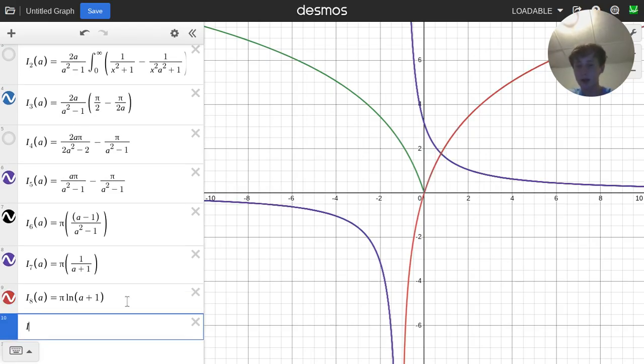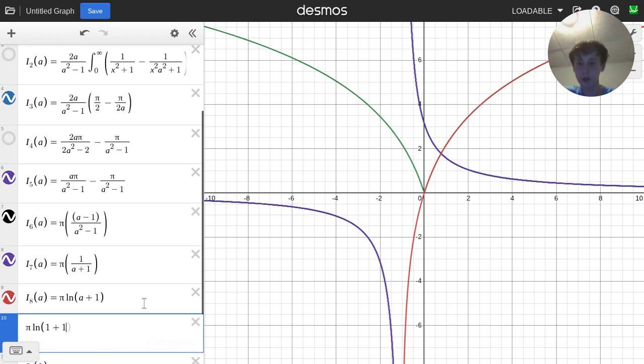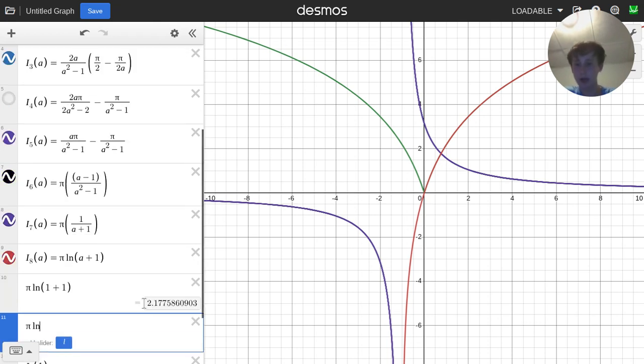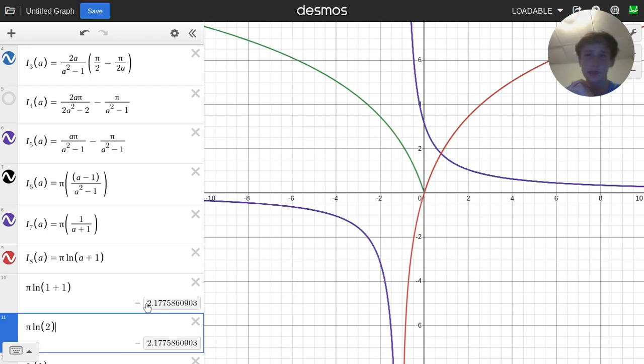So let's just plug in a equals 1. We get the same number, but just to check that, we get pi log natural 1 plus 1, pi log natural 2, which is just that. Okay. This is probably the hardest integral I've done.